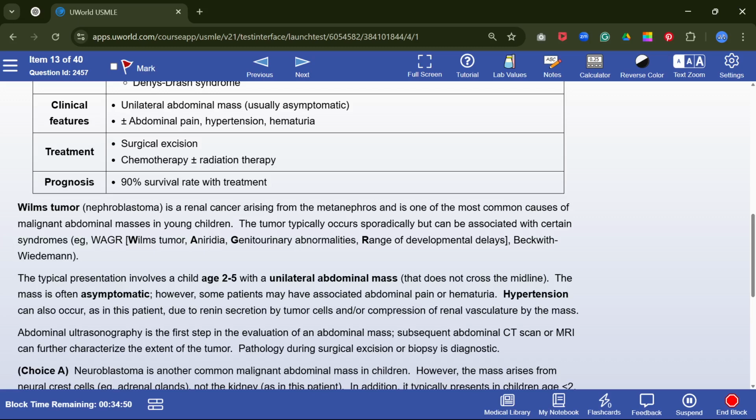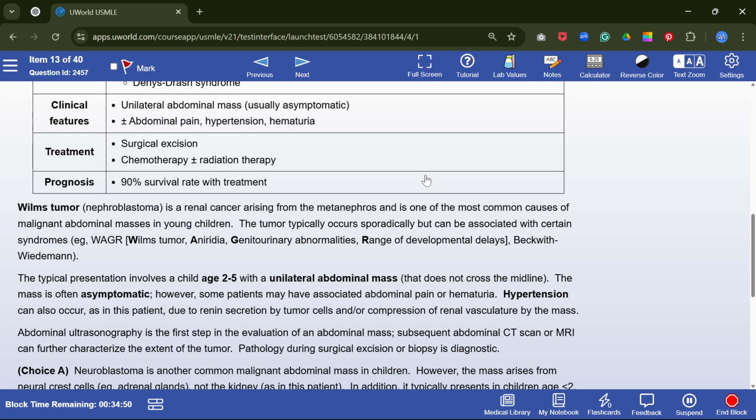The typical presentation involves a child age 2 to 5 with a unilateral abdominal mass that does not cross the midline. The mass is asymptomatic. However, some patients may have associated abdominal pain or hematuria. Hypertension can occur in these children due to renin secretion by the tumor cells or compression of the renal vasculature by the mass.